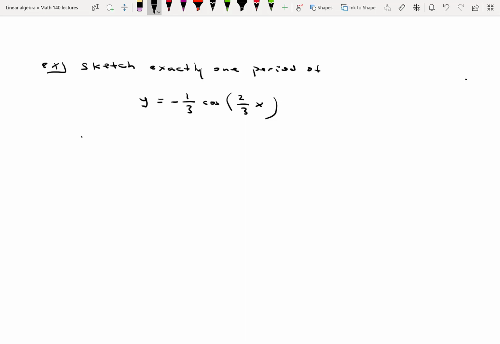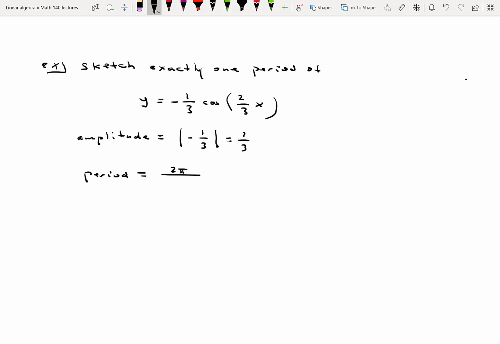The amplitude, again, this is just a quick review of section 2.6. The amplitude is the absolute value of -1/3, which is 1/3. The period is 2 pi over omega.